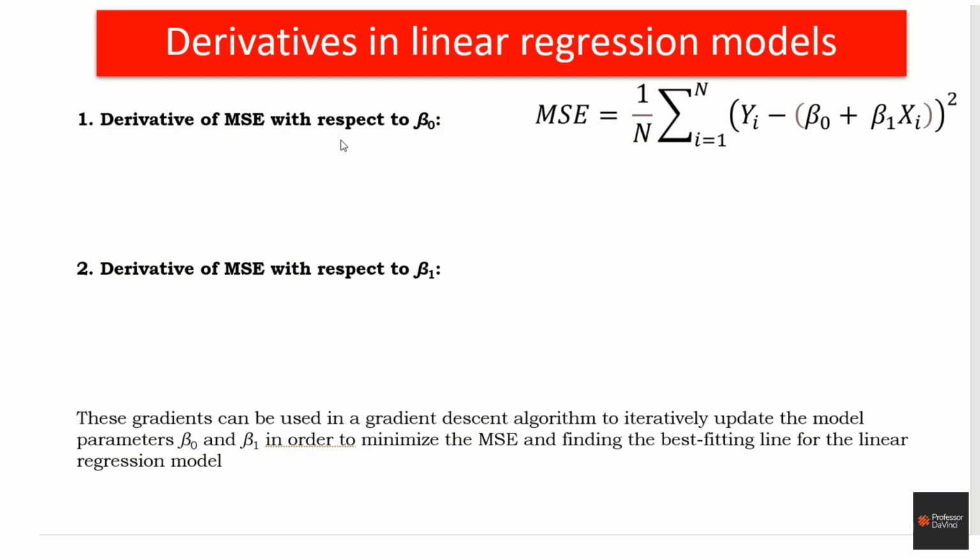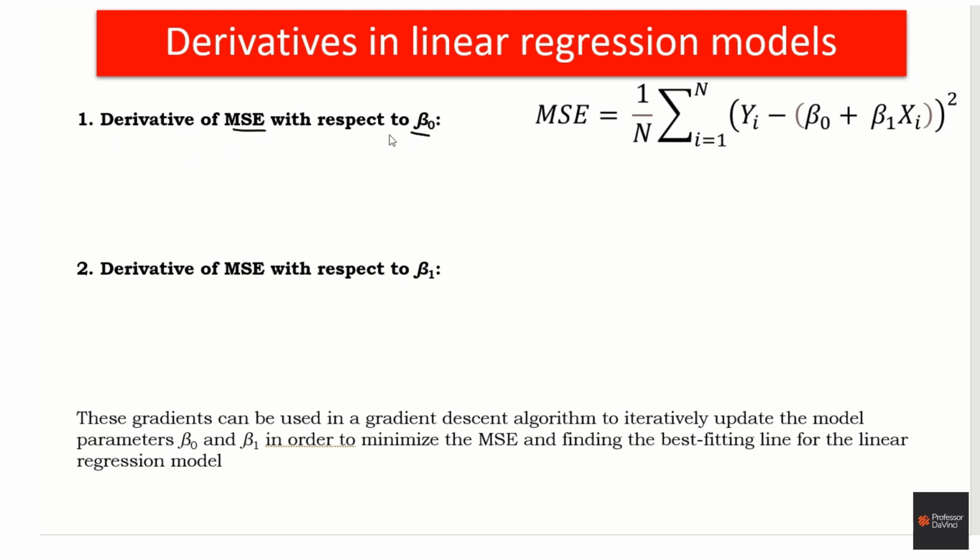We already know that the MSE, the mean square error, equals 1 divided by n, summation of i equal to 1 to n, of (yi minus (beta naught plus beta 1 xi)) the whole square. First we need to find the derivative of MSE with respect to beta naught.